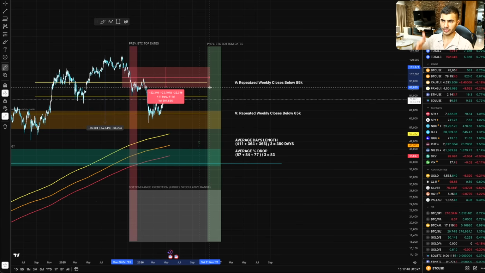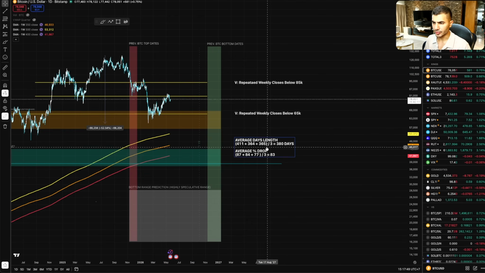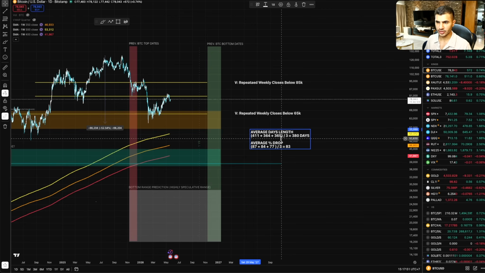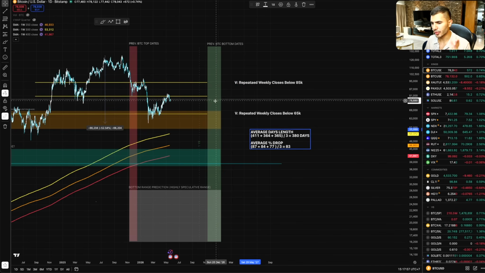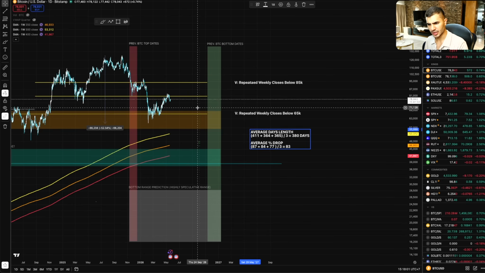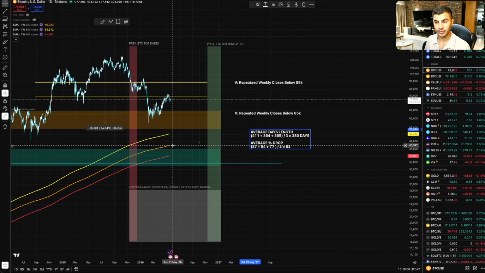And November is within the previous bottom BTC dates, so that's something to consider: between October and November in terms of the average, range and mode of the days' length. Now, we can speculate that we will find the bottom around October, November of this year, but how low can we go? That's the important part.